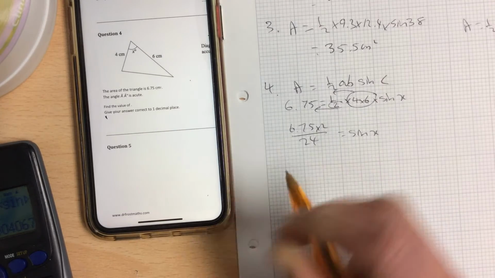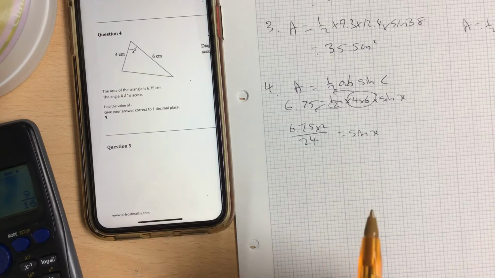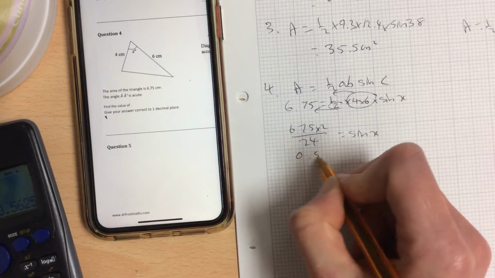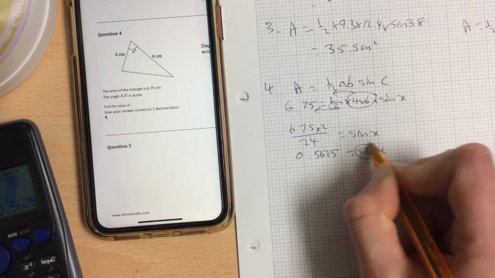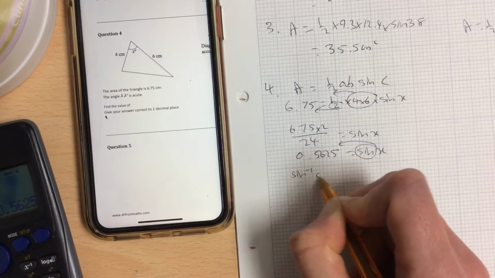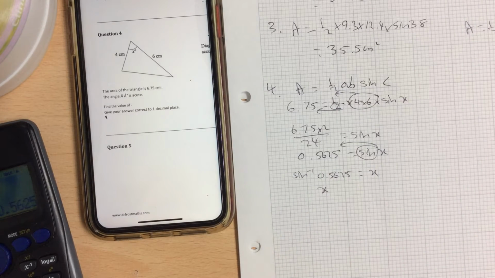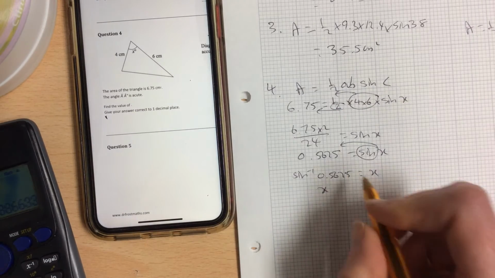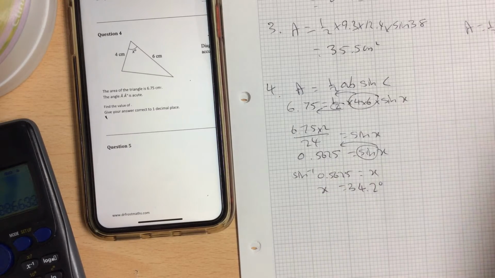You're left with sine x. So 6.75 times 2 divided by 24 gives you 0.5625 equals sine x. Hopefully you're happy enough to bring the sine over now as an inverse. So just in your calculators, shift sine, last answer, gives you x to be 34.2 degrees.